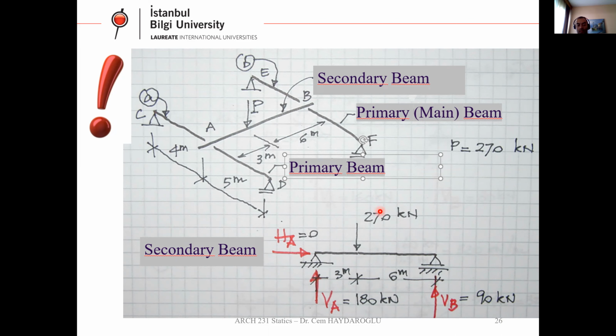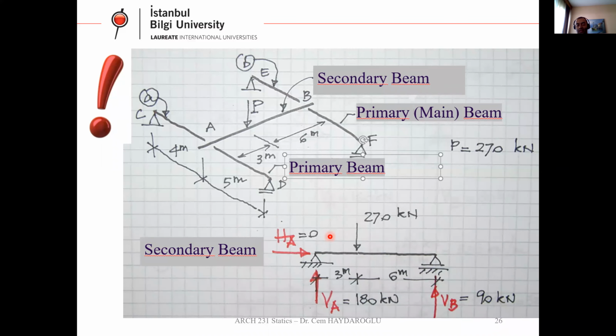And I write the concentrated load here, and I write all the distances here. Here, as you can see, there is no lateral loading. If you write total X is 0, this HA automatically is 0.